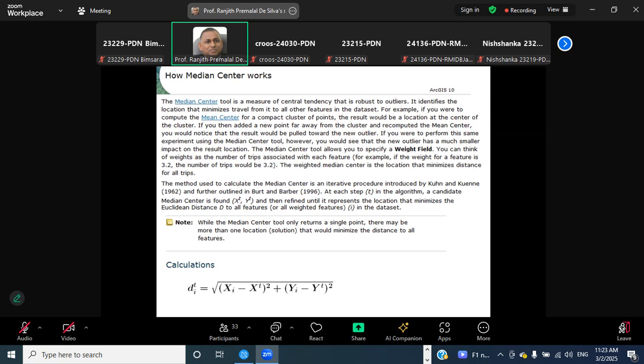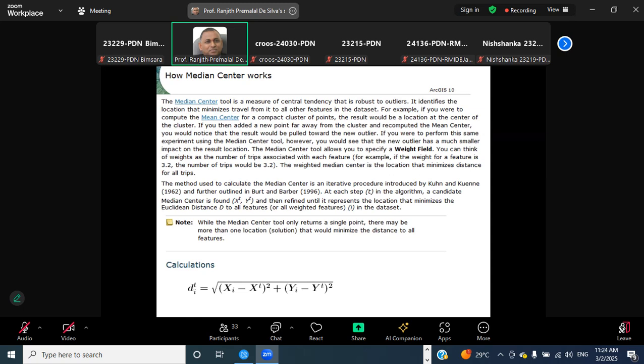So if you travel aerially, if you look at the Euclidean distance, it minimizes the distance from that point, the median center, to all the points. If you take any other point, the distance is higher. For example, if you were to compute the mean center for a compact cluster of points, the result would be a location at the center of the cluster.